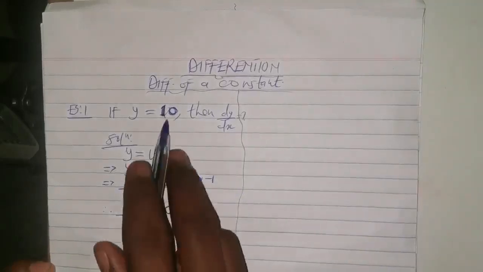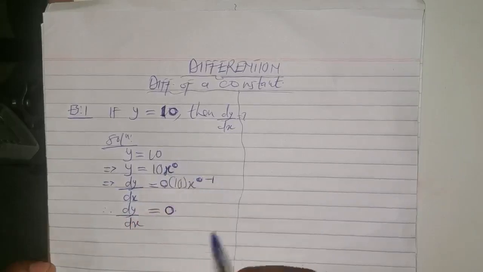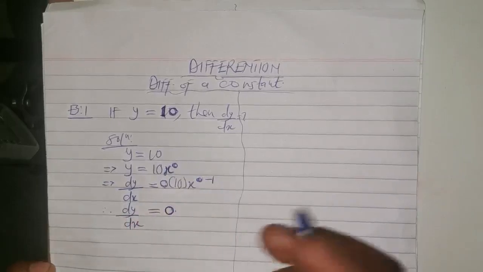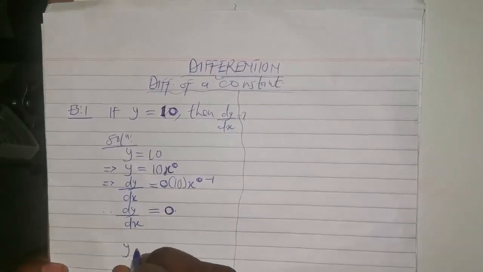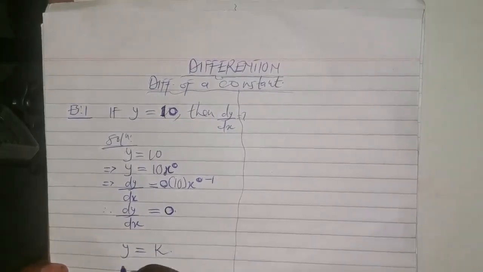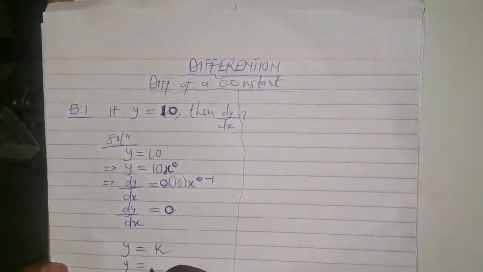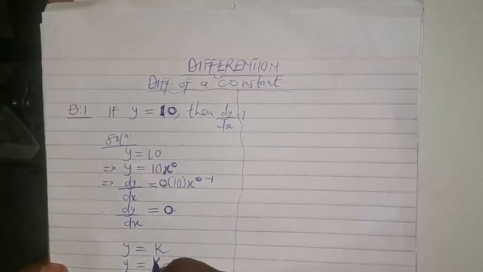Because we are able to write y is equal to 10 in the form y is equal to 10 x raised to the power 0. Likewise, if I was having y equal to, let's say, k, and I'm asked to differentiate k, I can write the same thing as y is equal to k a to the power of 0.